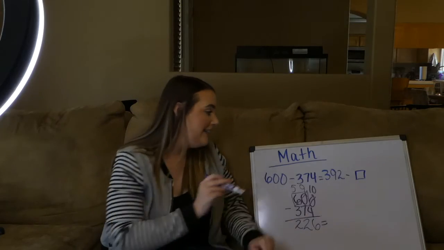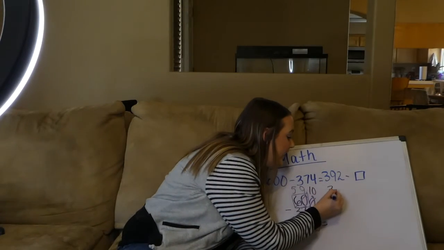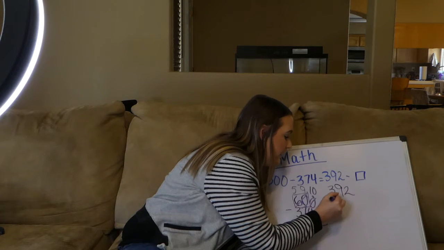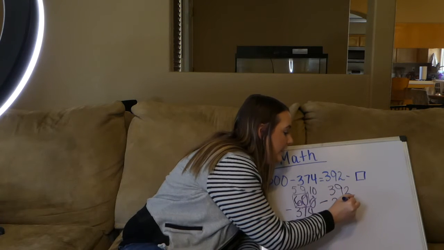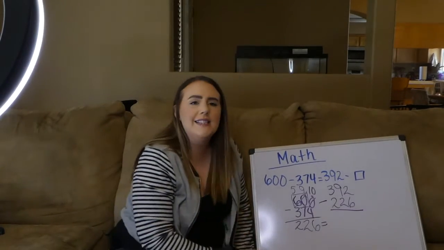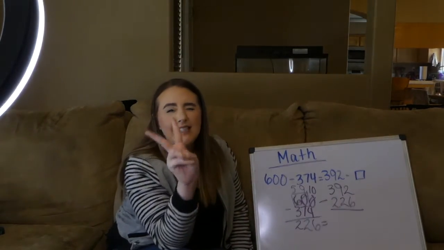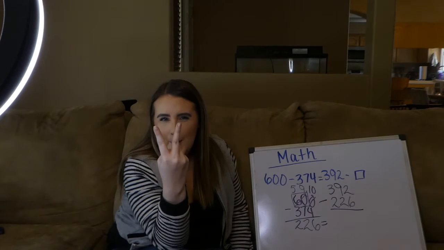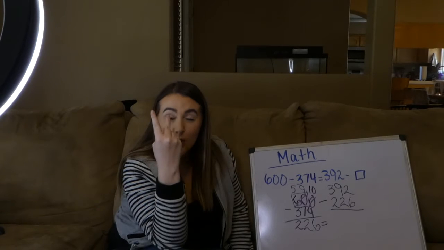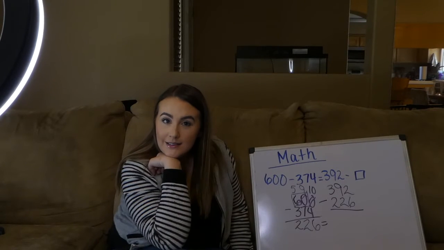So let's take 392 and subtract 226. Let's get started. 2 minus 6. Can I take 6 away from this? No. So what am I going to have to do here?